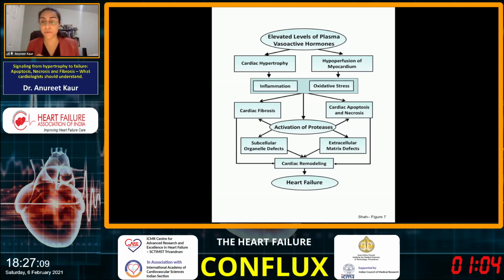We have fibrosis in the extracellular matrix, and it can also be inside. And then we have apoptosis and necrosis because of loss of cardiomyocytes, which stems from inflammation and oxidative stress, and activation of certain proteases, which further causes subcellular defects in sarcolemma, sarcoplasmic reticulum, myofibrils, mitochondria, and extracellular matrix defects. And all this again leads to remodeling of the heart and leads to heart failure.